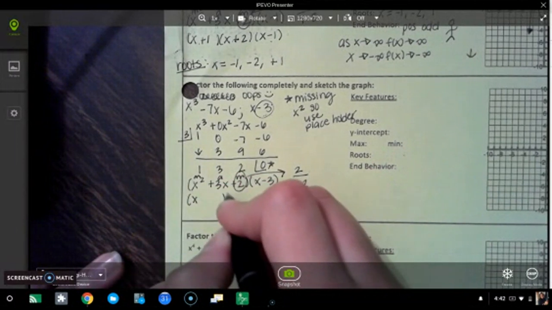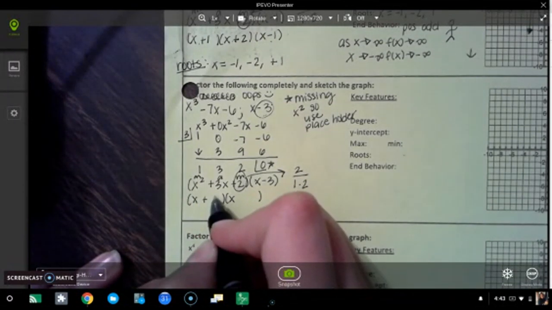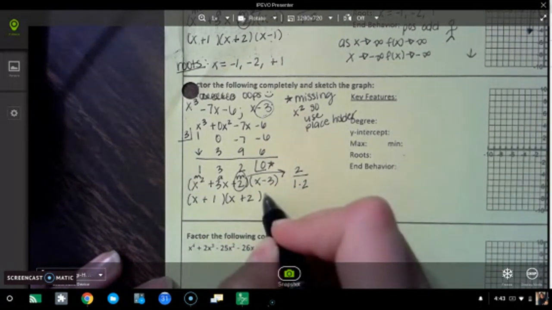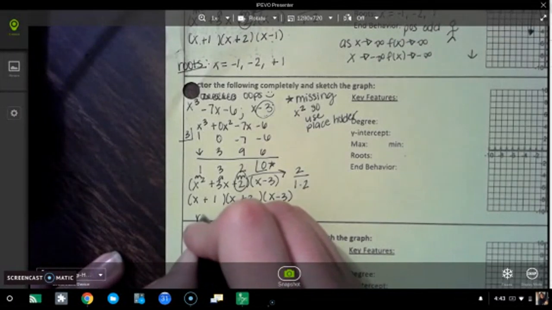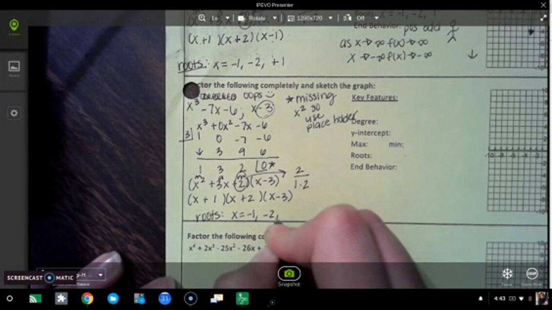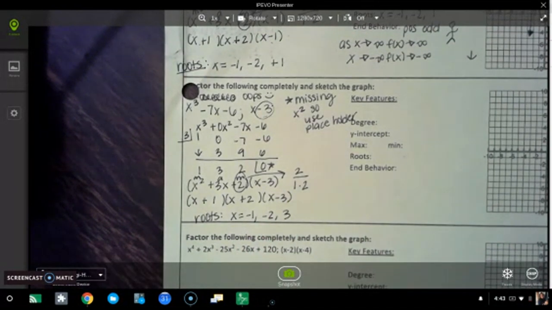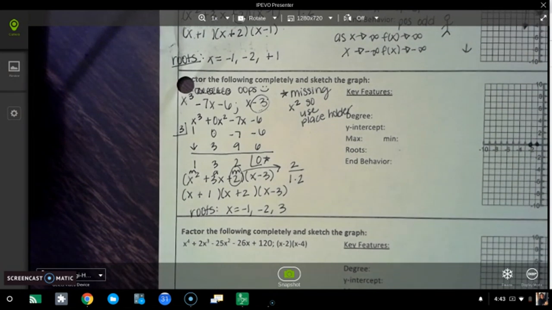We're going to get x, and then you're going to get plus 1 plus 2. Don't forget to bring your x minus 3 down. And your roots, set them equal to 0 and solve for your roots. So x equals negative 1, negative 2, and 3. Let's plot those. Negative 1, negative 2, and positive 3.